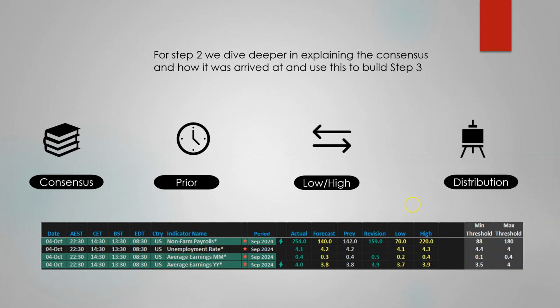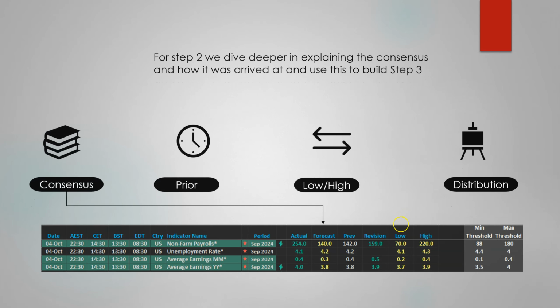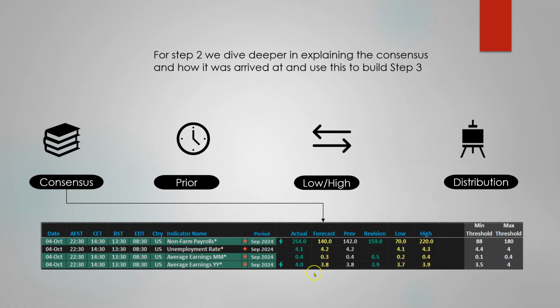So let's start with the consensus. The consensus in this case is the forecast. The forecast is the average, or the mean, of the market participants who have voted for this data to come out at different values, so to speak.